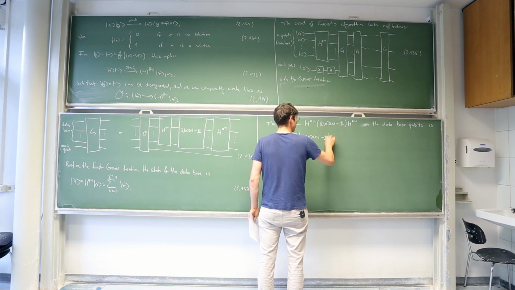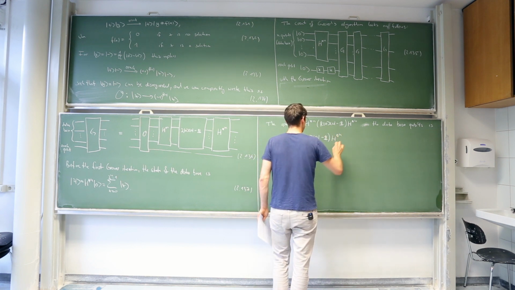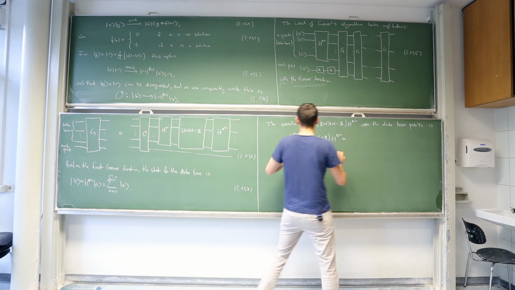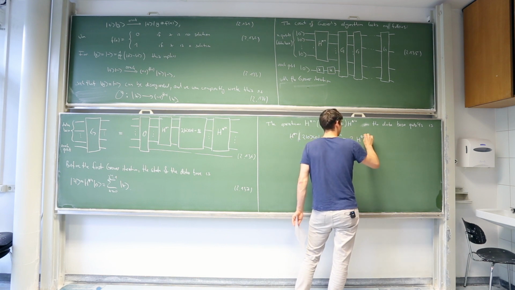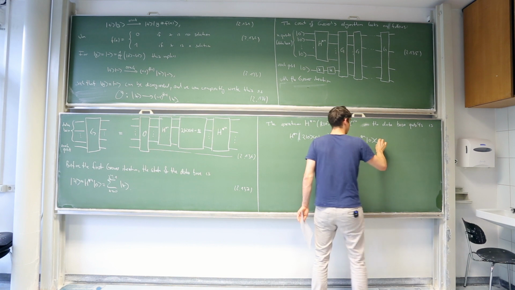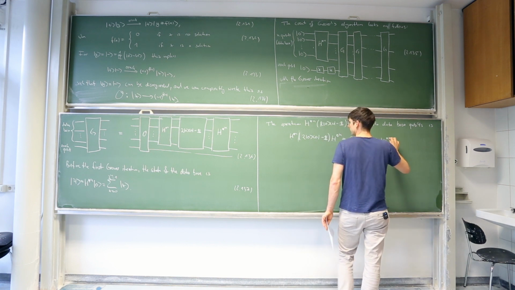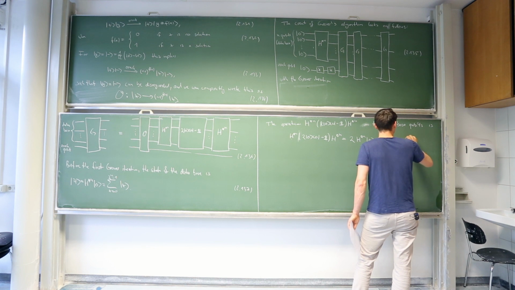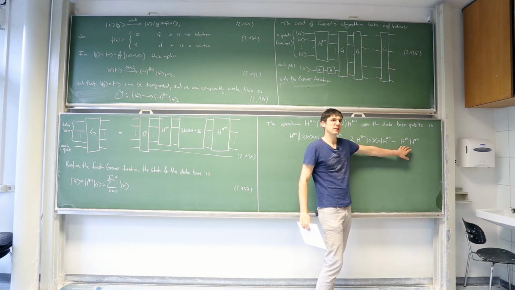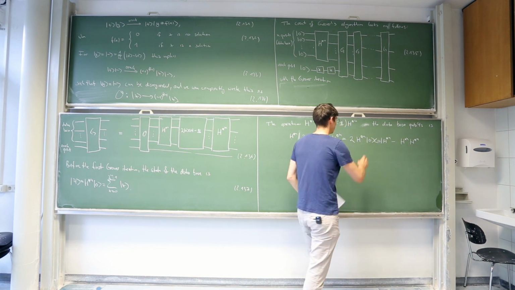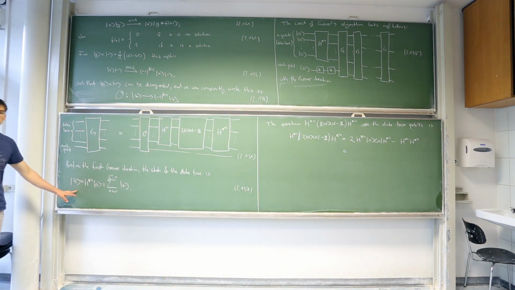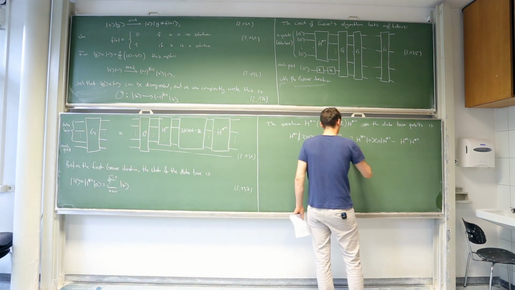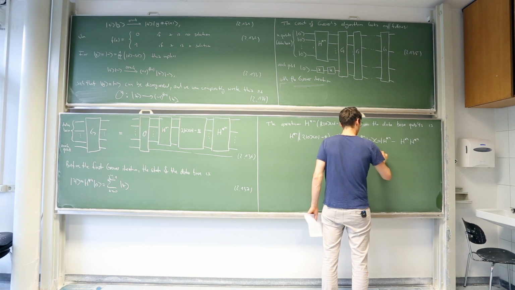Let's now act with this Hadamard gate on this state. So we have 2 times Hadamard on 0, and here the same. And then we have minus Hadamard times Hadamard. We know that it's self-inverse, so this gives the identity on the right-hand side. And on the left-hand side, this is simply the state psi that we have here. So this gives us 2 psi minus the identity.